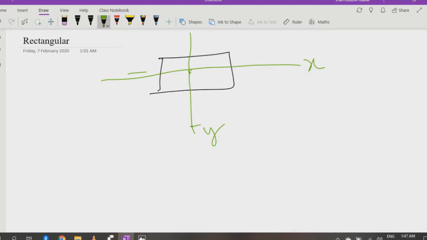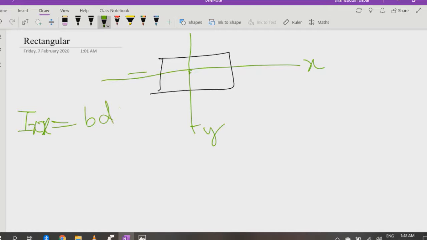So for the moment of inertia of a rectangular section with respect to the x-axis, always remember that this x-axis is crossing the centroid of the rectangle. So for a line parallel to the x-axis, or even the x-axis, any line passing through the center of gravity and parallel to the x-axis, the rectangle moment of inertia formula is equal to b d cube upon 12.